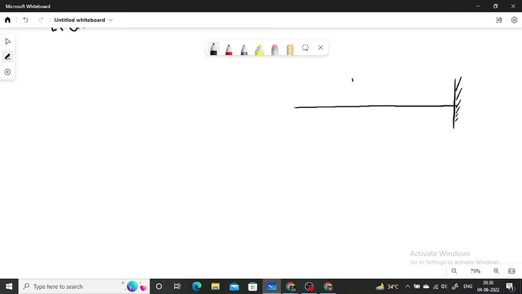Let us consider a point load W acting at a distance a from the free end. Okay, let us consider a cantilever beam of length L having a point load at a distance small a from the point A, from the free end.